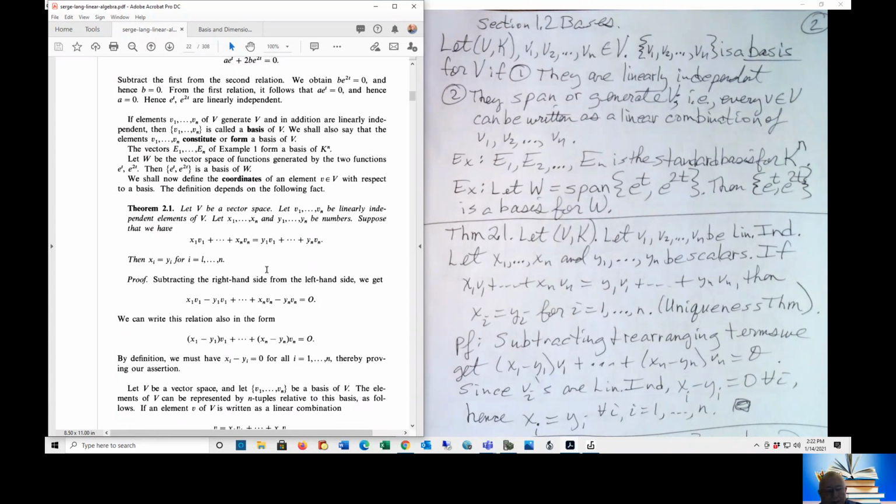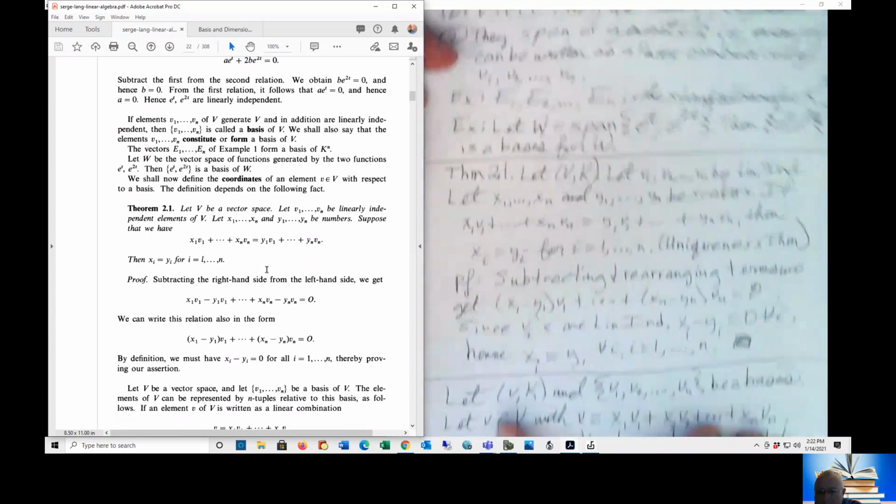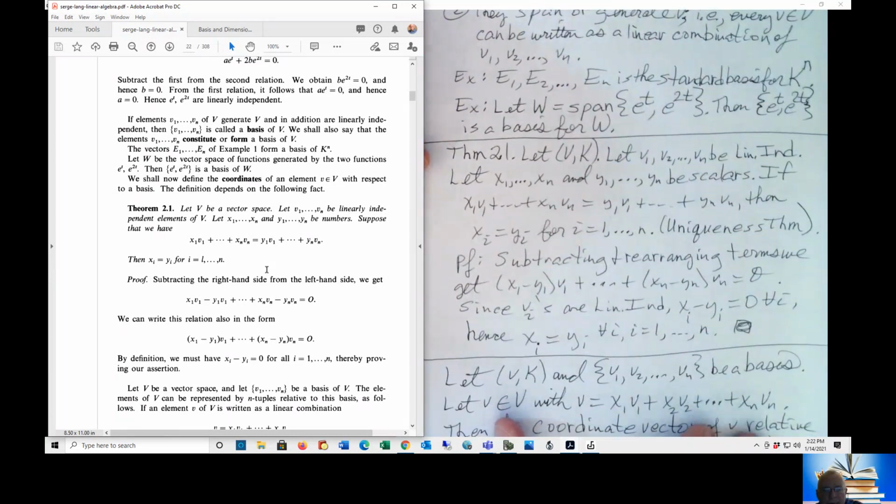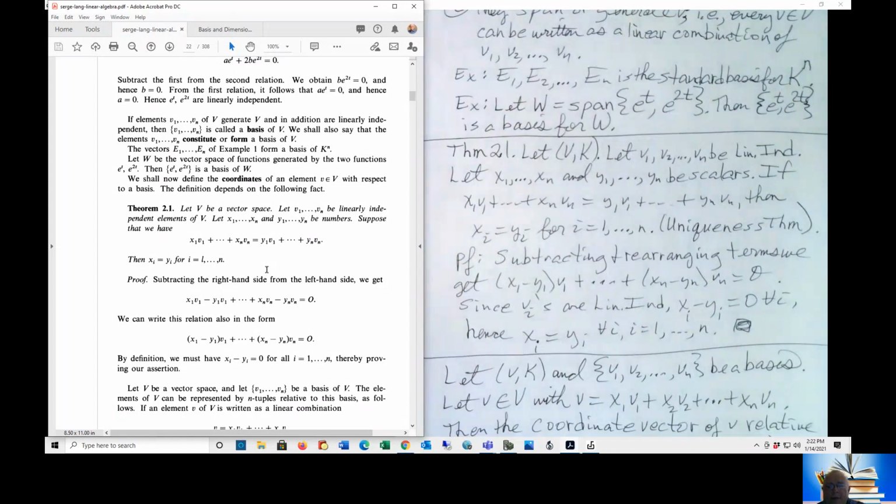Now, Theorem 2.1 gives us a way of showing the uniqueness of linear combinations for linearly independent vectors. It is a uniqueness theorem, so let's look at it. Theorem 2.1: let V be a vector space and let v1 through vn be linearly independent vectors in V. Let's take two sets of scalars, x1 through xn and y1 through yn.